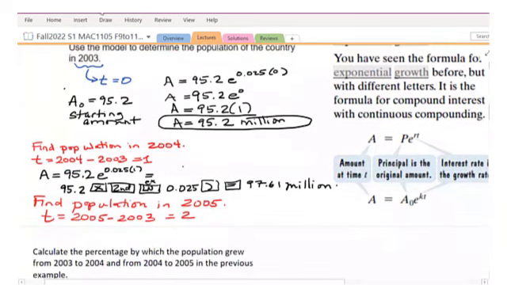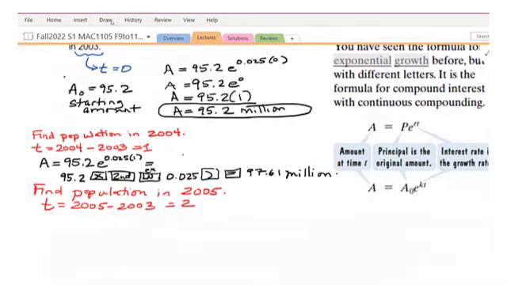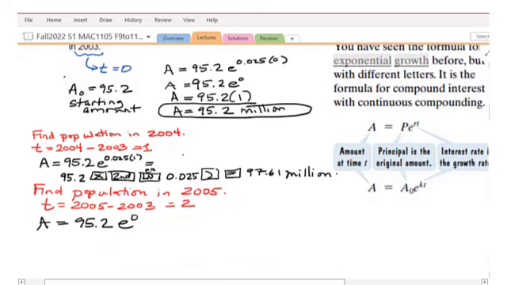Okay, so now we're going to have A equals 95.2 times e to the 0.025 times 2. So how are we going to plug that in? We're going to put 95.2, and then we're going to hit the times button.